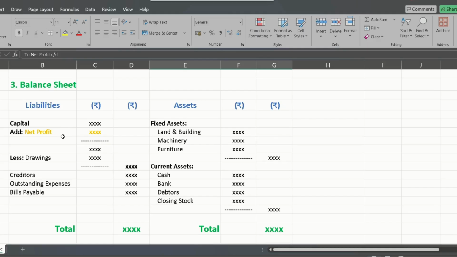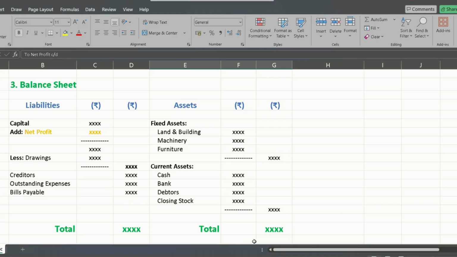On the liability side, all amounts the business owes, like capital, creditors, outstanding expenses, etc. On the asset side, all amounts the business owns: cash, furniture, stock, debtors, etc. Both sides of the balance sheet must be tallied. That means your books are arithmetically correct.